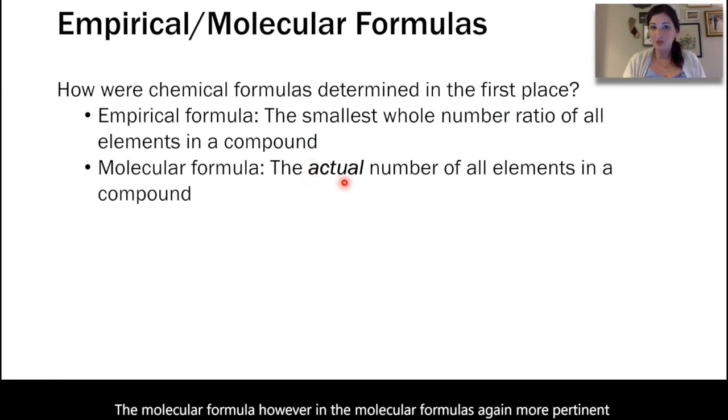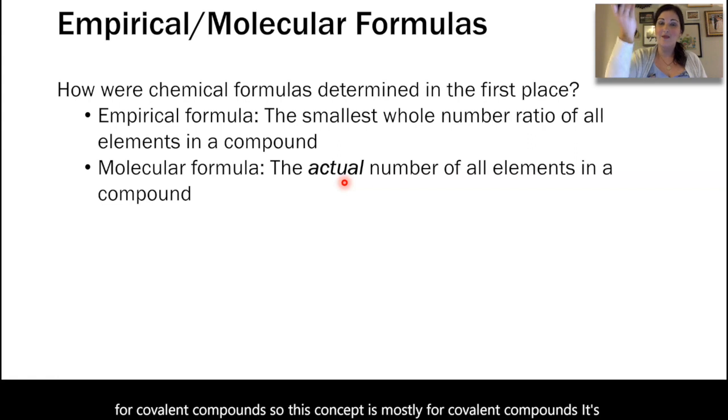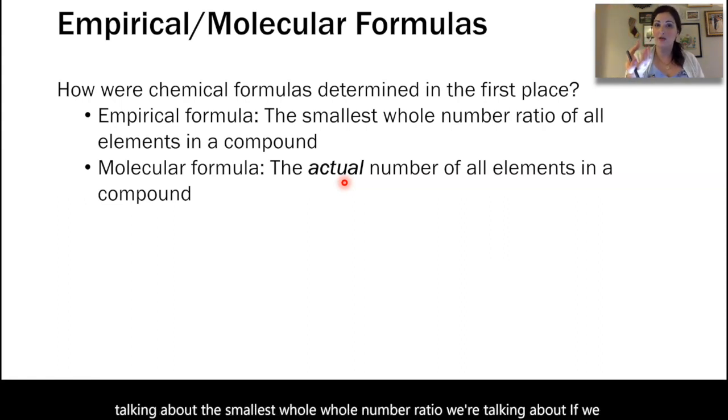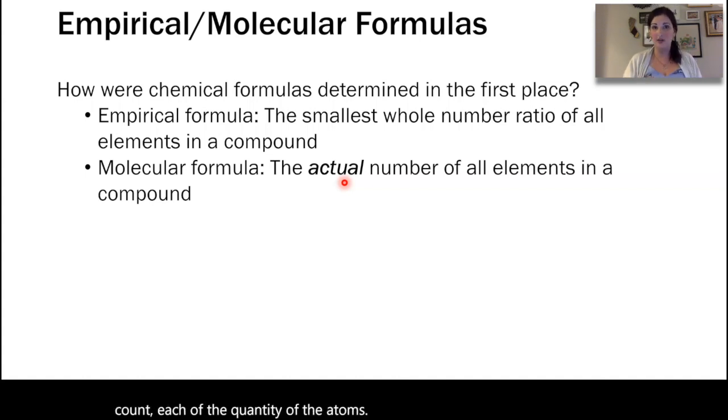It's the actual number of the atoms in a given molecule. So we're not talking about the smallest whole number ratio. We're talking about if we were able to grab a molecule and count the quantity of each of the atoms in that molecule. That would be the molecular formula.